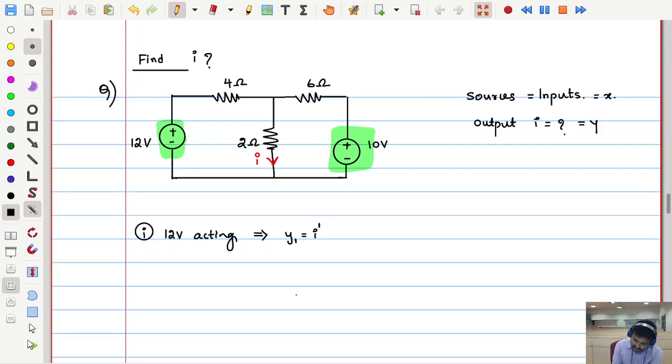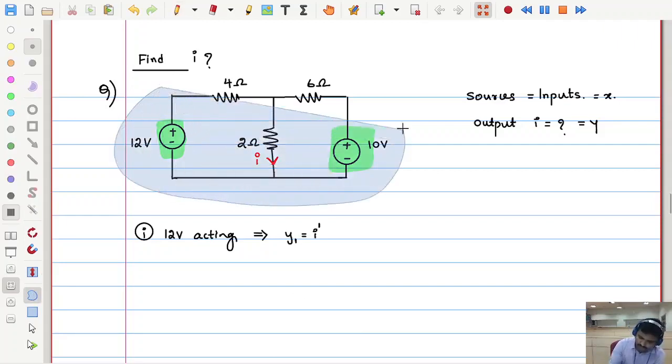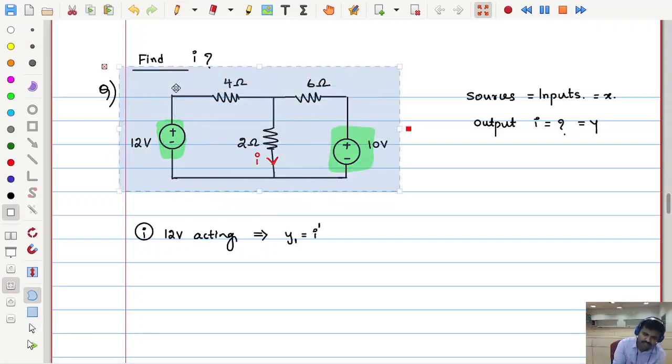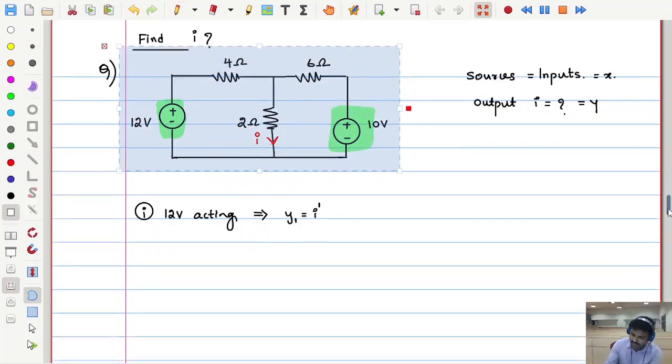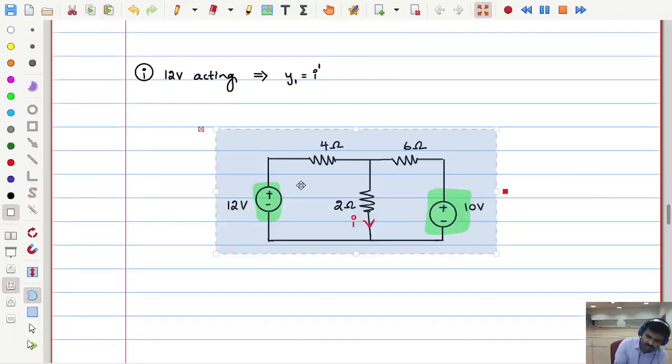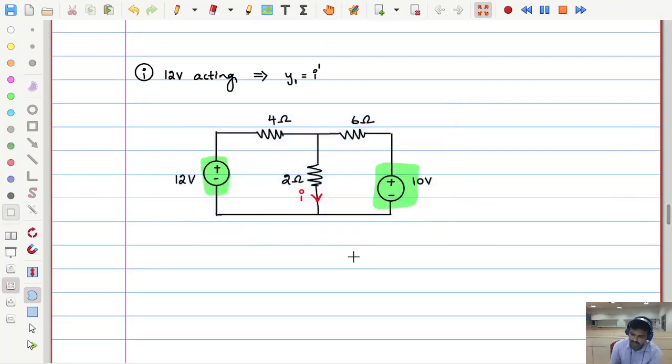So let us calculate these things and see how we do that. Only 12 volts is there now. This 10 volts is not there. So I will try to put it in this way: 10 volts is not there means I want to make it 0.